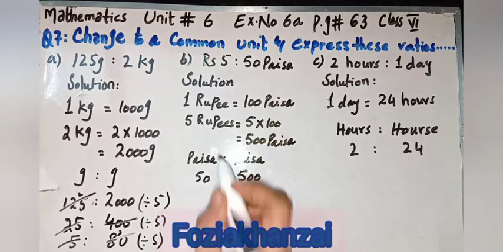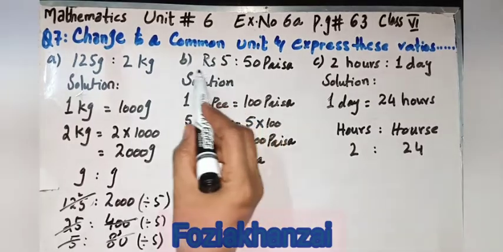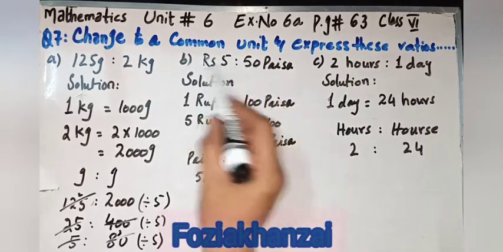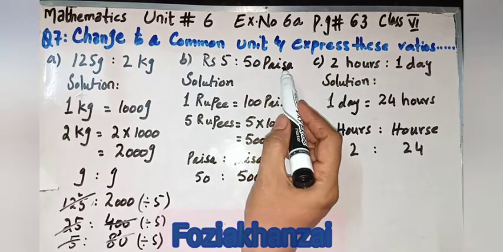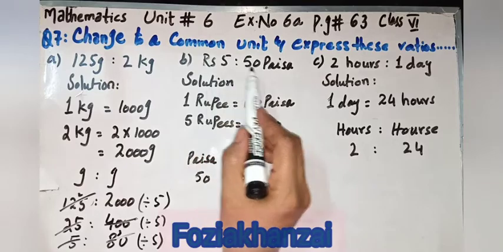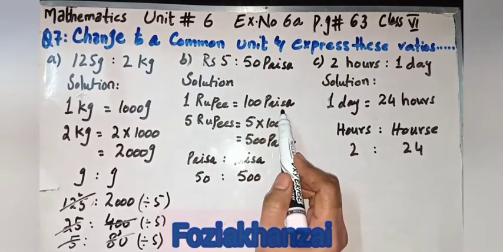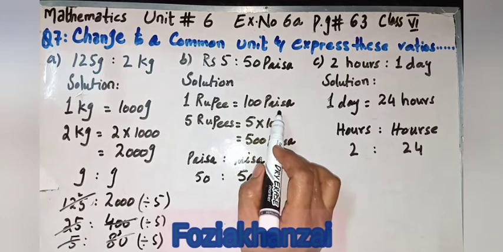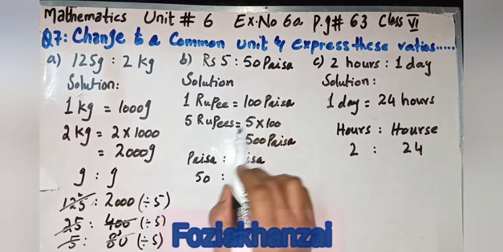Now the second part, in the second part 5 rupees and 50 paisa are given. Both are different units, different quantities. So rupees convert into paisa. We know 1 rupee is equal to 100 paisa. So 5 rupees is given.